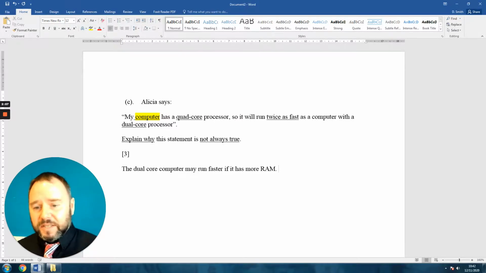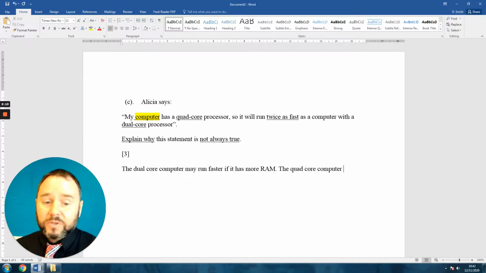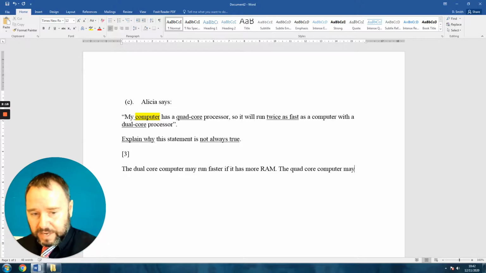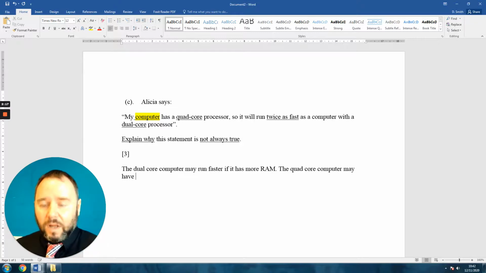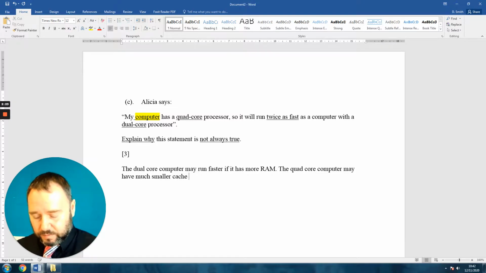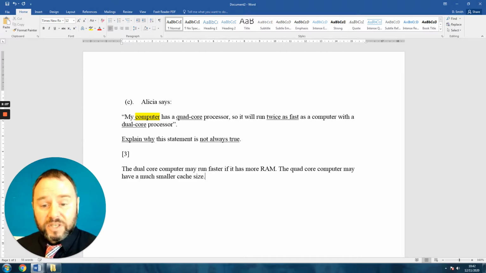I'm going to flip it; you can say this either way. The quad-core computer may have a much smaller cache size.